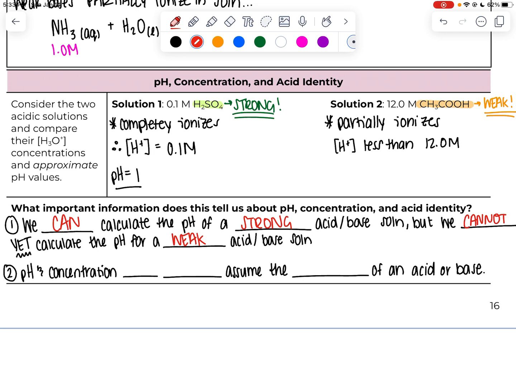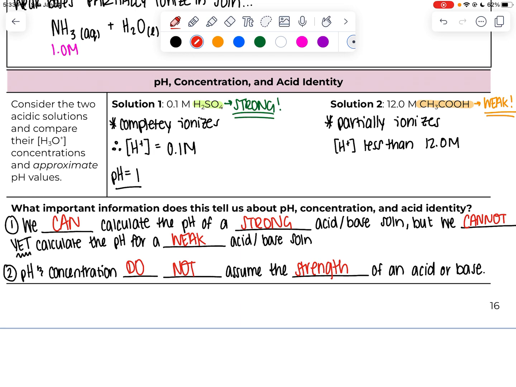But the second thing that's important about this is that pH and concentration do not assume the strength of an acid or base. I want you to be very, very clear on that. If you have something that's highly, highly concentrated, that does not mean it's a strong acid or base.